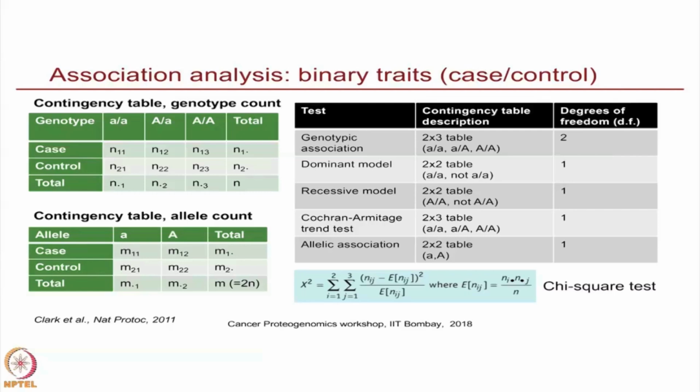And if someone is heterozygous, then they contribute to both of the slots in this table. That way you can still do the chi-square test, and the degree of freedom is still 1 for this. But this also assumes the additive effect. So those are for the binary traits.